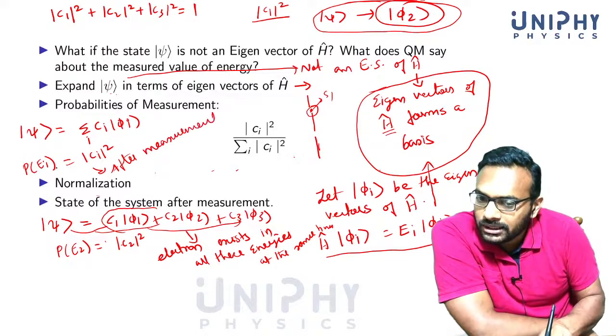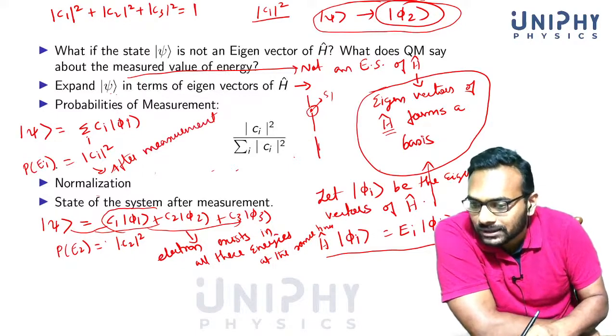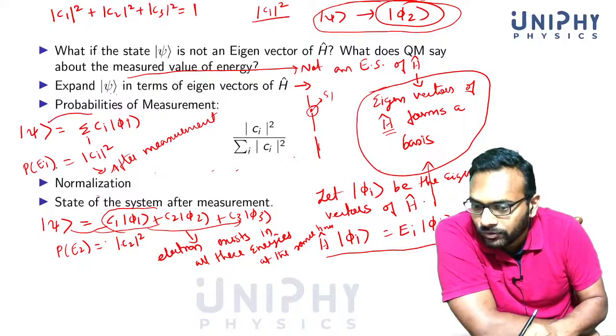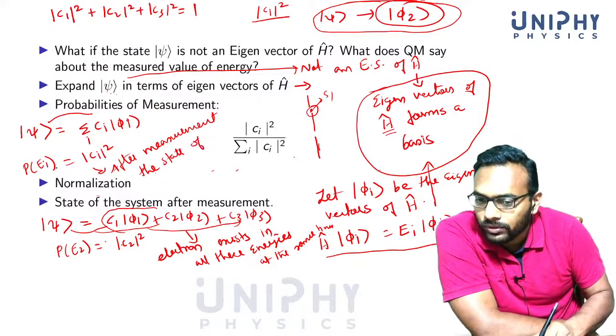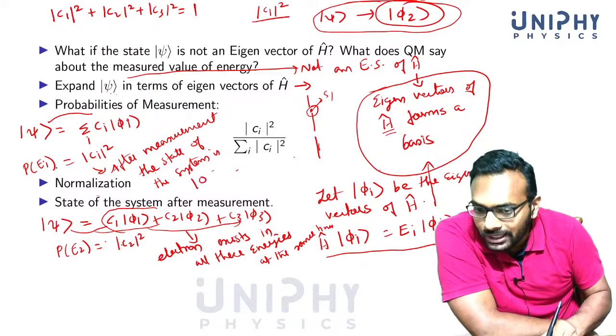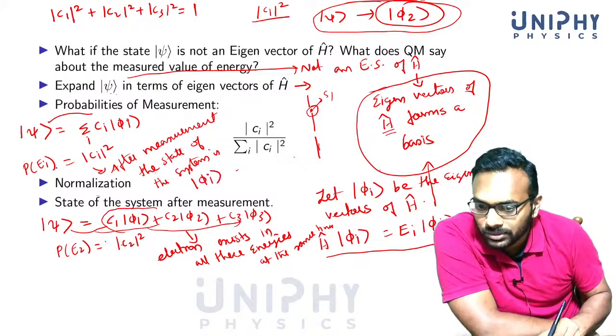After measurement, the state of the system, the wave function or the state vector, reduces from psi to one of these states. Suppose you measure energy Ei, the state of the system becomes phi i, not in all these states, but in this one state.